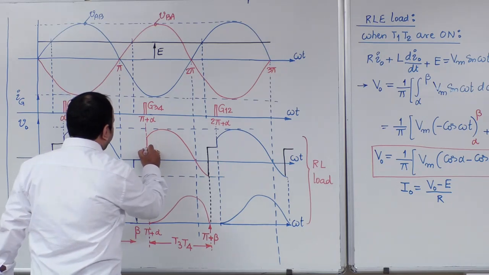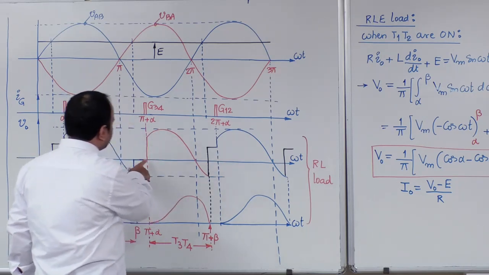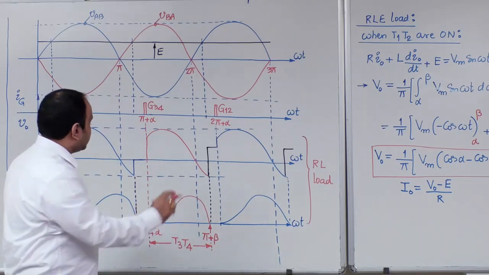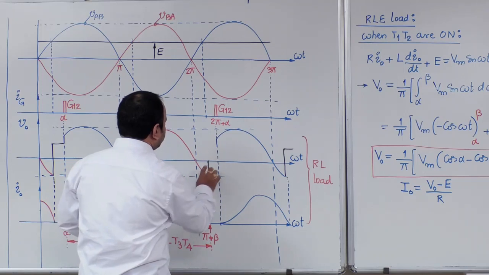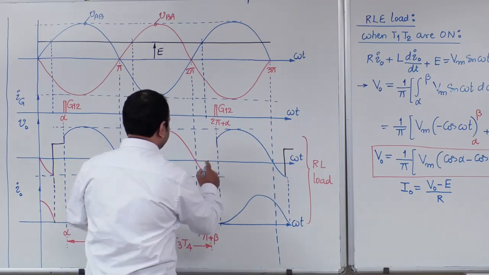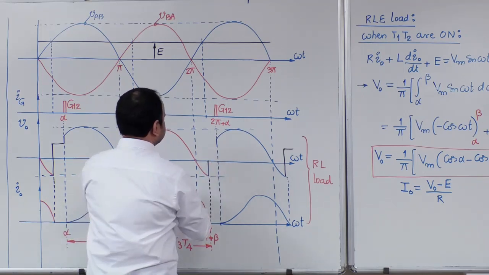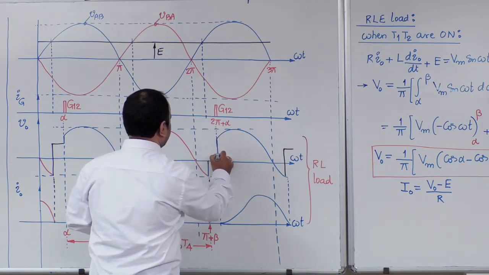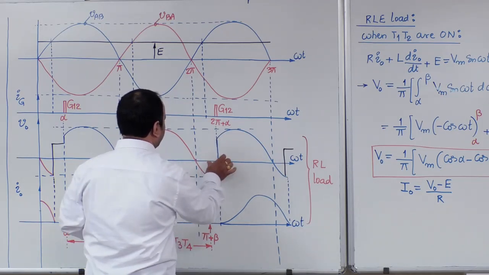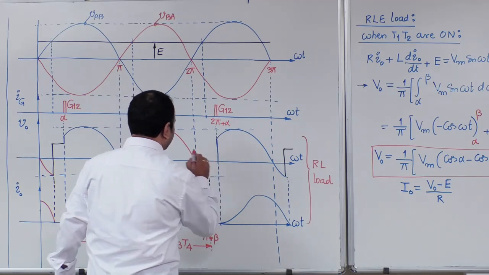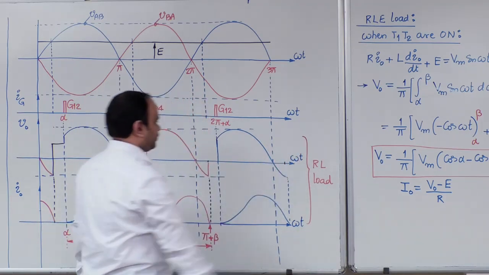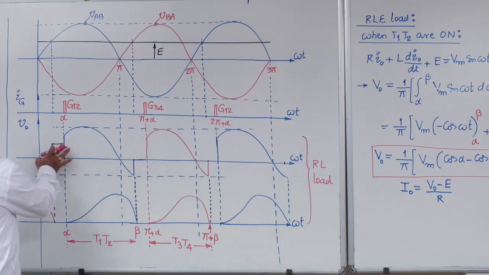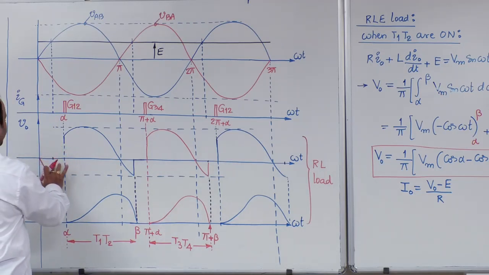And next cycle, V0 waveform will start from this point. In the similar manner, during discontinuity, here also output voltage will be 0. Okay, this is the V0 waveform modification. In the similar manner, during the discontinuous interval, output voltage will be 0.